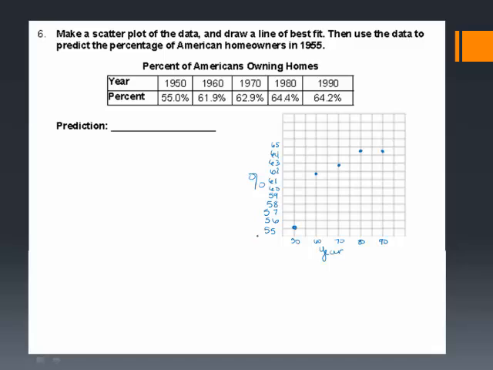Okay, now we have to draw the line of best fit, and we want to draw a line that best mirrors the pattern of the data. And we want to try to get an equal sort of spacing on either side of the line with our points. So if I come along and I cut up through here, to me this line is the best fit for the data.